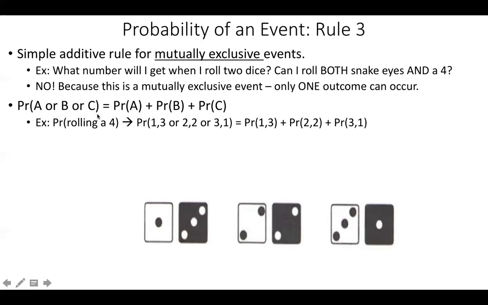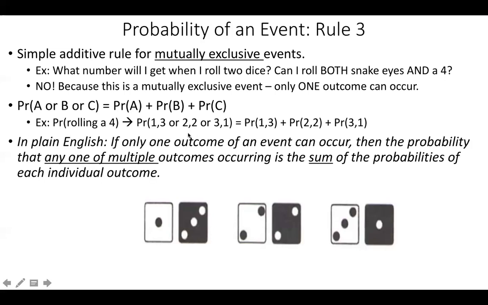It's a simple additive rule. It's the probability of A plus the probability of B plus the probability of C. So here for rolling a 4, the probability of getting that outcome is equal to the probability of getting a 1 and 3, or getting a 2 and 2, or getting a 3 and 1. And I'd add those three up.